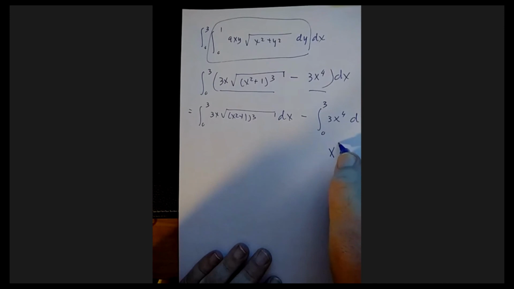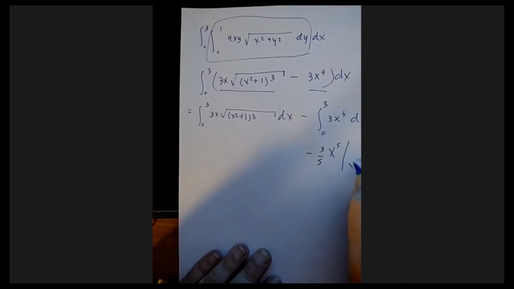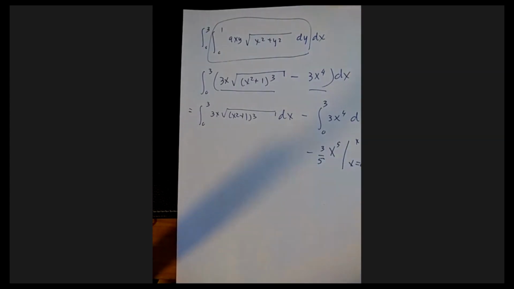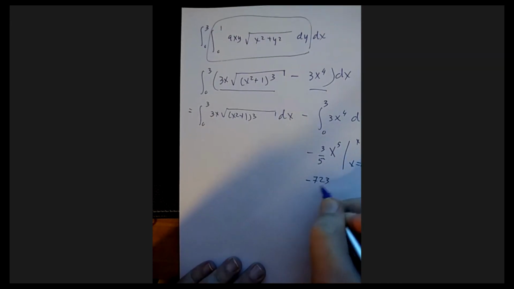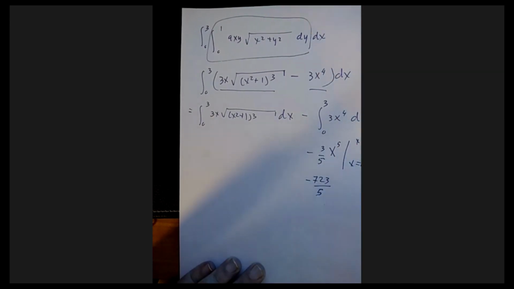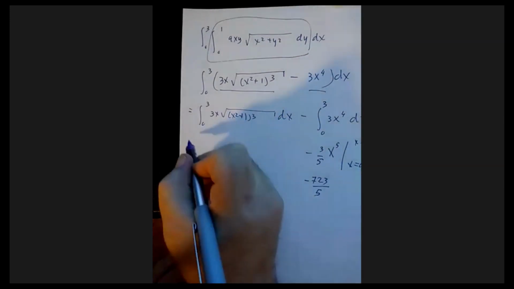It's just a simple power rule. Evaluated at x equals 0 to x equals 3. Good grief. 3, 9, 27, 81, 243, 723. Don't quote me on that. Well, that's what I believe it is.